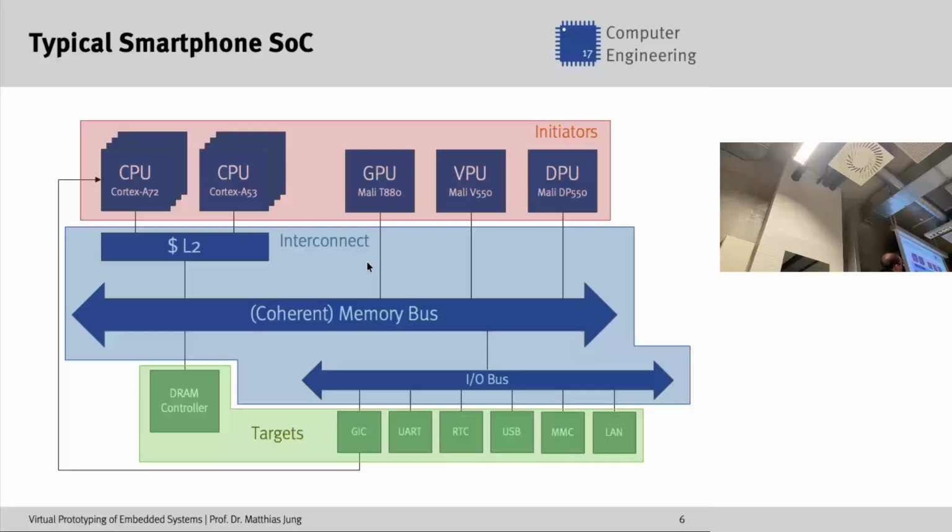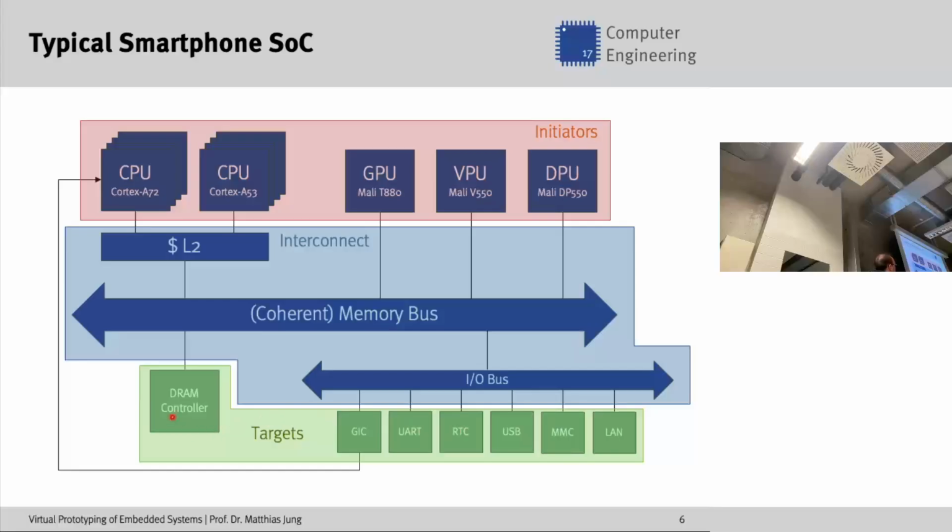So you have initiators. These are usually components that initiate communication. And then there are targets, and they are usually passive. Usually they do not start communication. Okay, there might be an exemption here. This is the interrupt controller. So the interrupt controller starts a communication towards the CPU, maybe. But in general, we have usually this kind of memory mapped system.